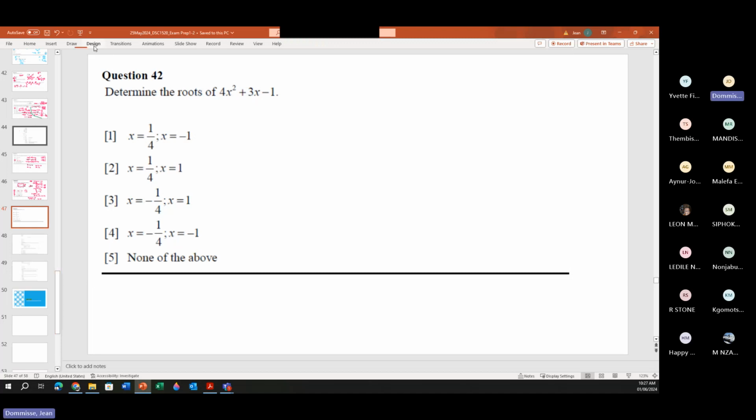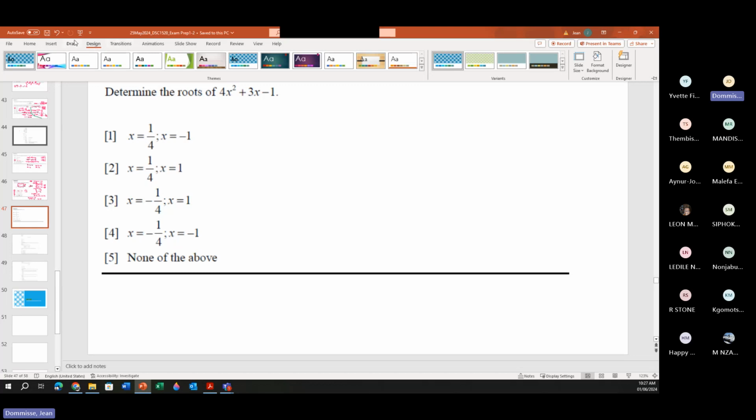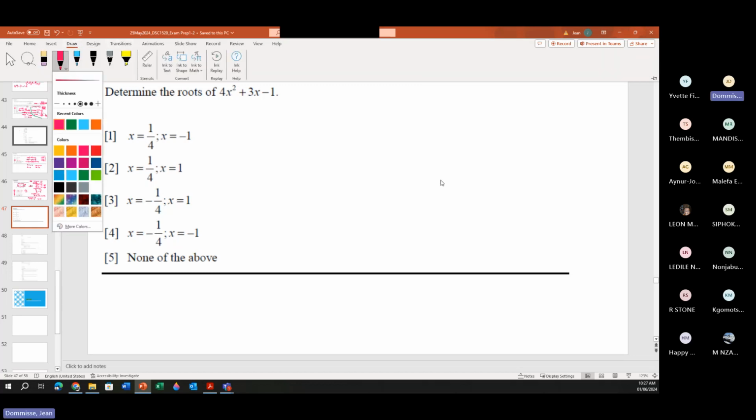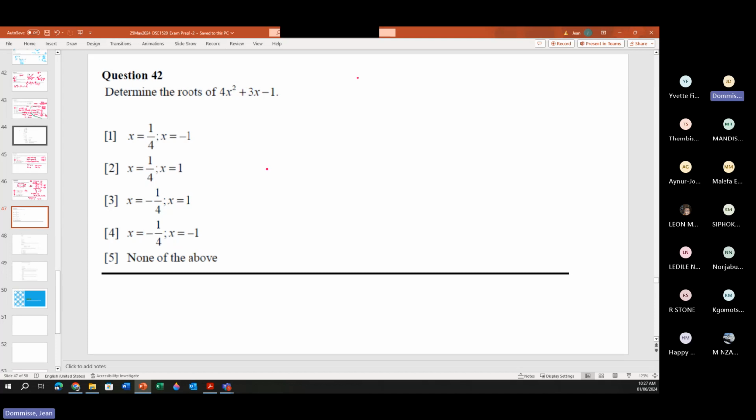We could have said, let's do the factorization.